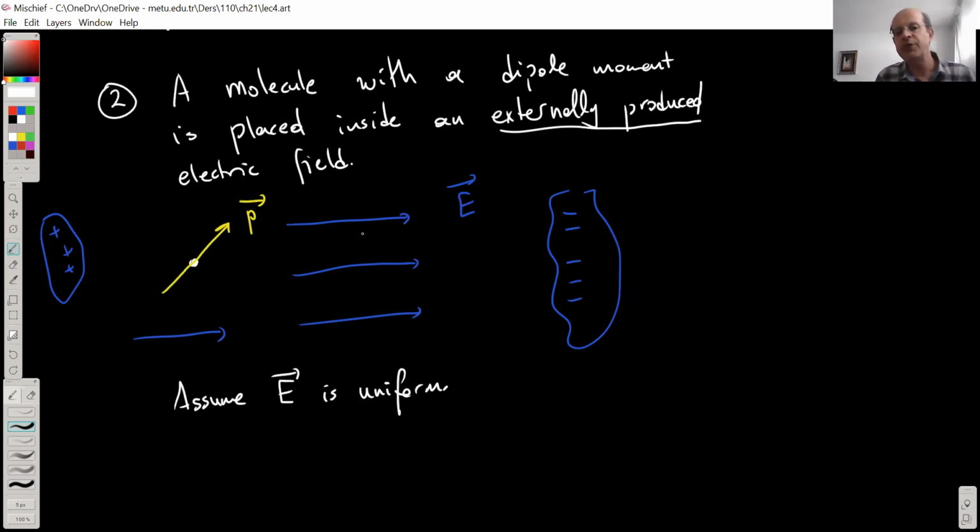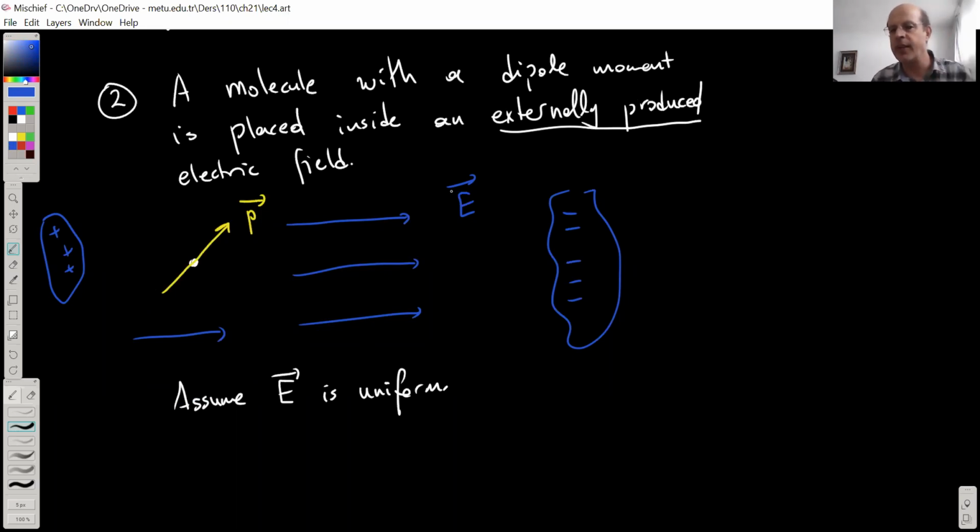Again, let's remember these two aspects of the interaction. This dipole produces an electric field, so there's actually an additional electric field in here. Sorry about that. There's an additional electric field in here produced by this dipole. We're not talking about this thing in here. So this electric field exists, but what I showed by E in here is not that electric field.